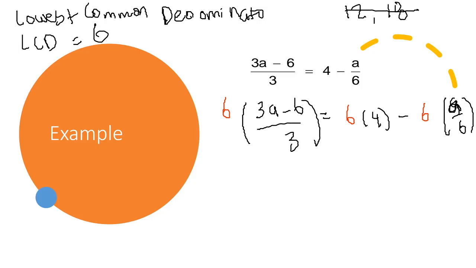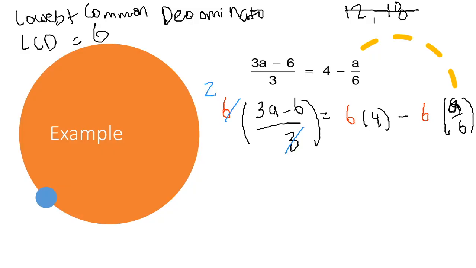Okay, so now we do what's called cross reducing, which basically means that the reason I did this is to get rid of my numbers on the bottom. I can't solve for x with these denominators. It's a disaster. It's a mess. So this 3 and this 6 we're going to simplify. So 6 divided by 3 is just a 2, right?